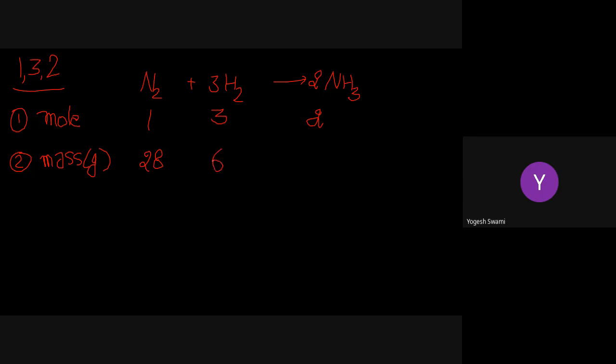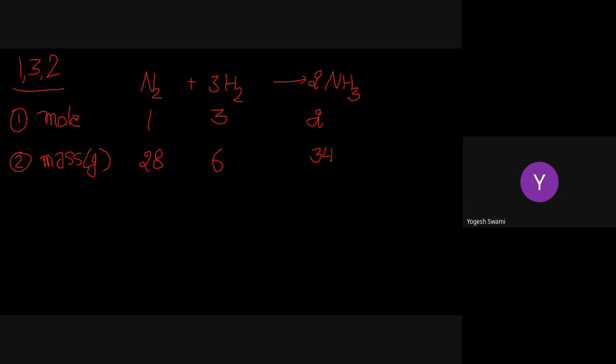Mass of nitrogen is 14, mass of hydrogen is 1, and 3 hydrogens are there, so 14 plus 3 is 17. Mass of one ammonia molecule is 17, but here 2 molecules are present, so mass is 34.